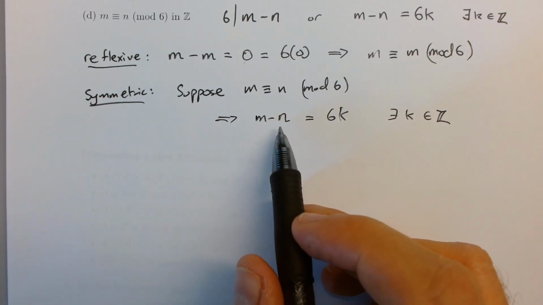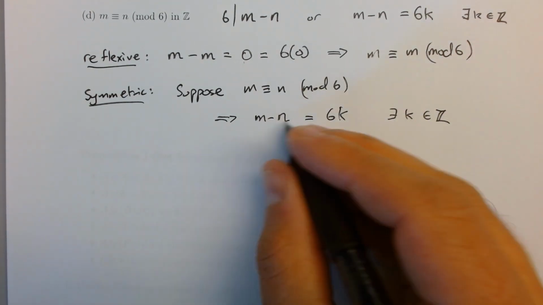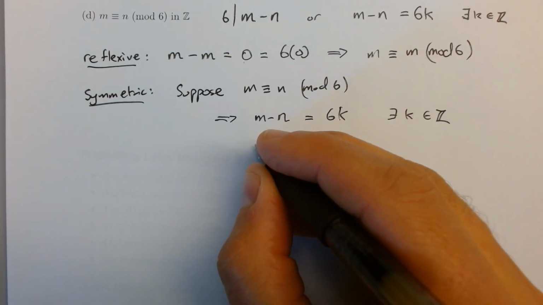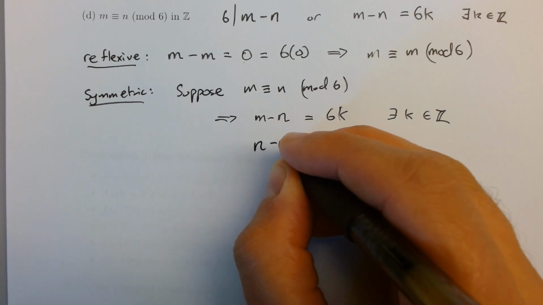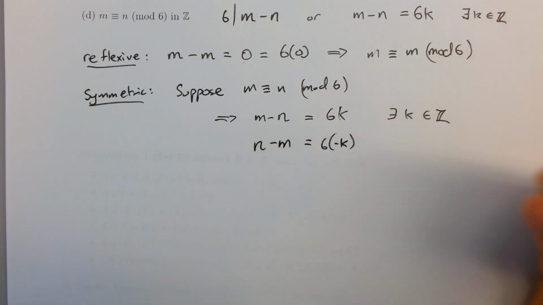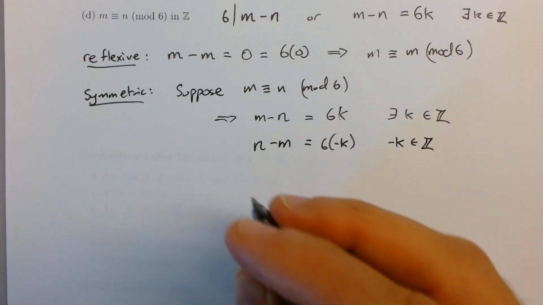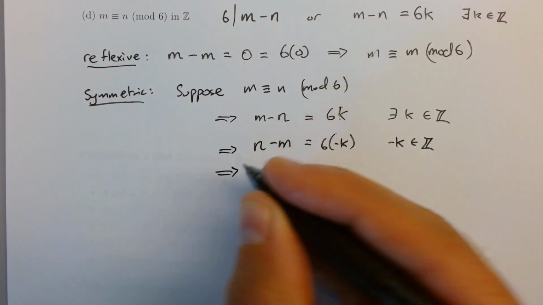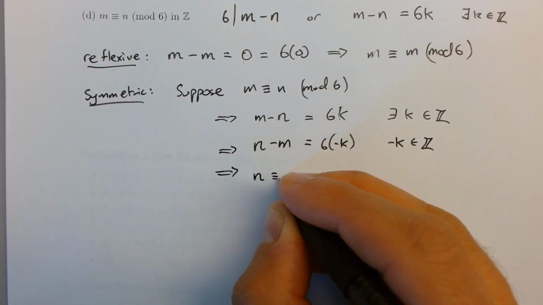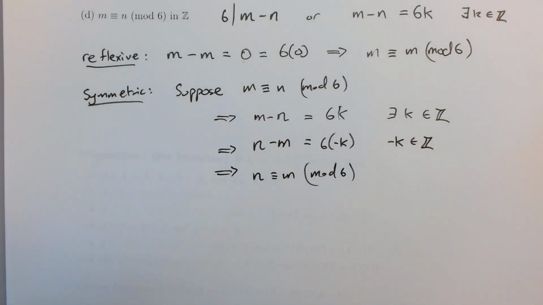We've kind of seen this before. If I switch the direction, you just get the negative, or you could think of multiplying both sides of this equation by a negative. You get n minus m would be negative 6k, or 6 times negative k. And negative k is still an integer. So that would imply that n is congruent to m mod 6. Oh yeah, I didn't do check marks. So it's both symmetric and reflexive.